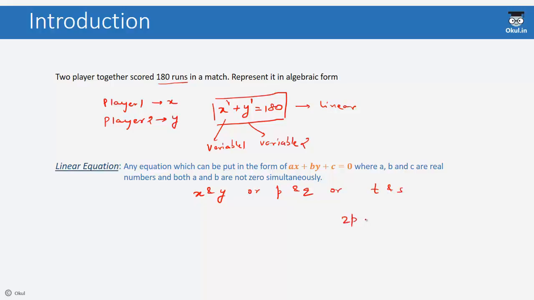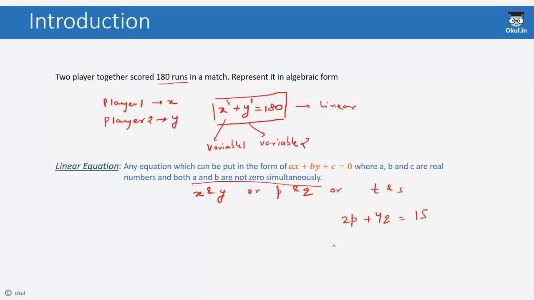So if I say 2p plus 4q is equal to 15, this equation is also a linear equation in two variables because I can write it in the above form. One more important point is that the values of a and b should not be 0 simultaneously. So it means that the coefficient of at least one variable should be non-zero.